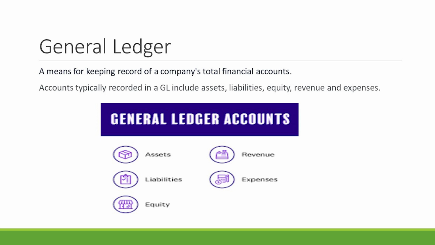So how is this relevant to financial statements? As financial statements help you track your business financial performances and cash flow, the data is compiled from the general ledger. The general ledger matters because the financial statements matter.